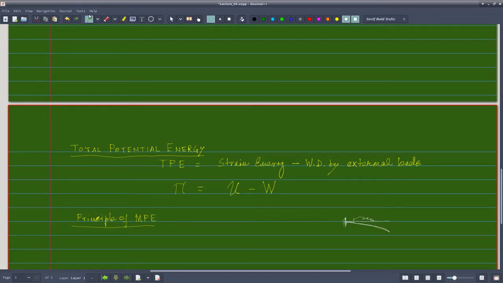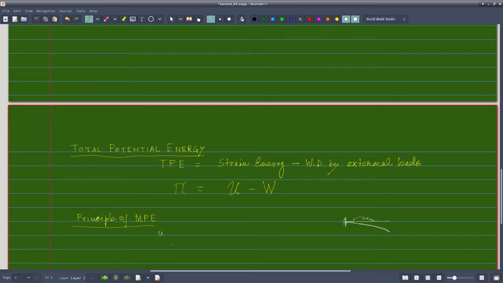So what we can write then, suppose I have many displacement fields, say u. Remember, this is small u, so it's a displacement field. Capital U is used for denoting strain energy. So I may have many possible displacement fields.